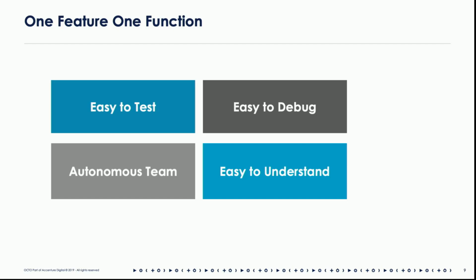Imagine that you have some bug and you want to debug it. You can just go to the logs, find out the API endpoint, and find out the associated Lambda function, which doesn't have too much code because it doesn't do too many things. You can easily fix it. It's easy to debug, it's easy to understand, and you can also have autonomous team members where each person can work on a functionality and doesn't need to be dependent on someone else.